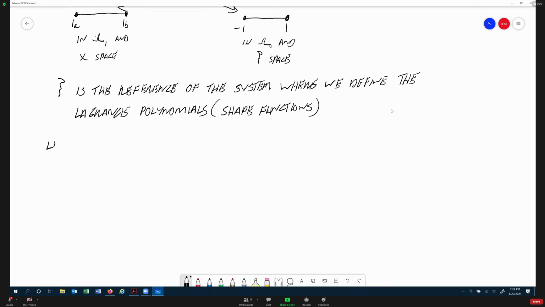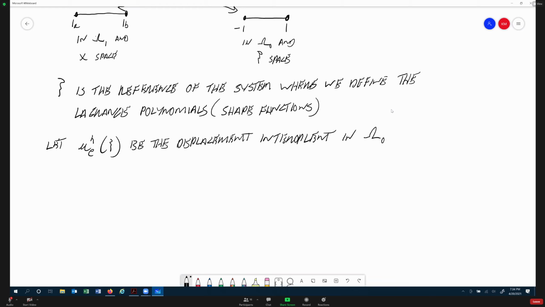So let our U^h of e in our C space be the displacement interpolant in omega naught.